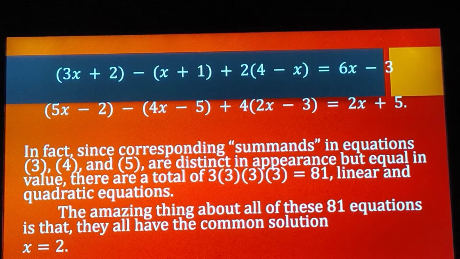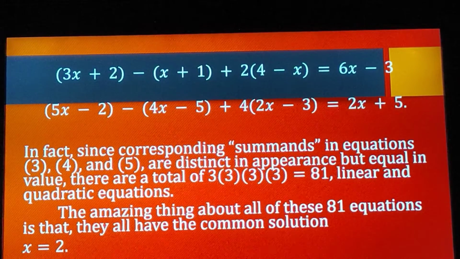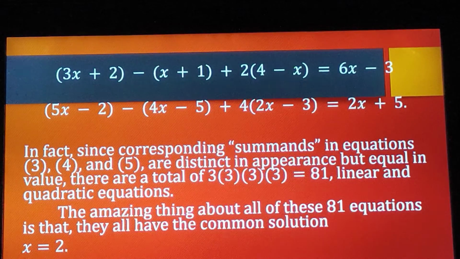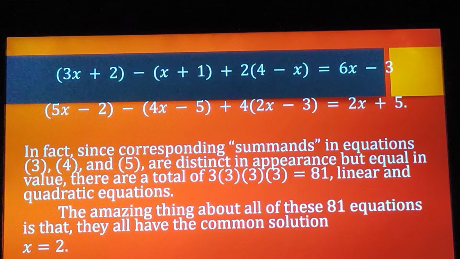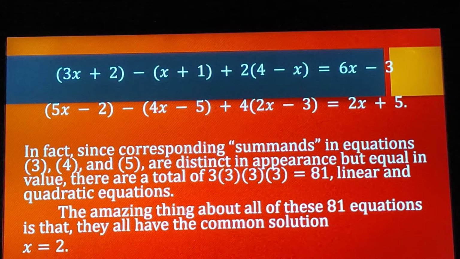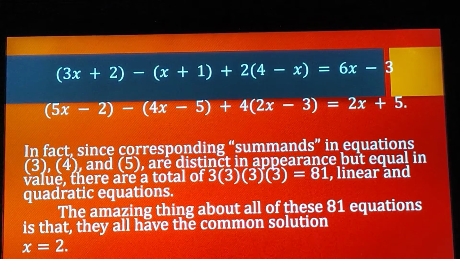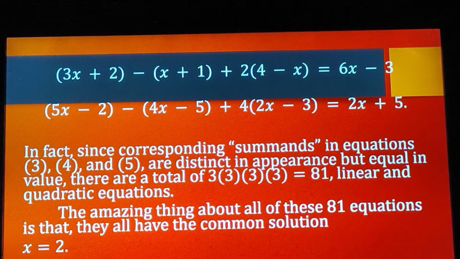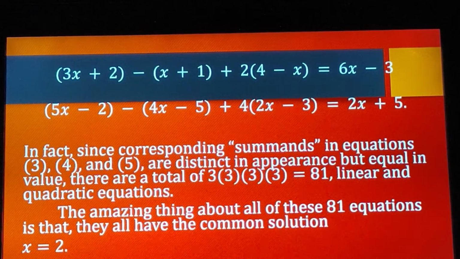This is because we have 3 choices for the first expression, another 3 for the second, another 3 for the third expression on the left side, and we also have 3 choices for the expression on the right side. The amazing thing about all of these 81 equations is that they all have the common solution x equals 2.